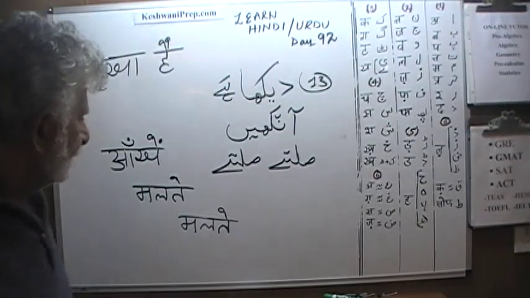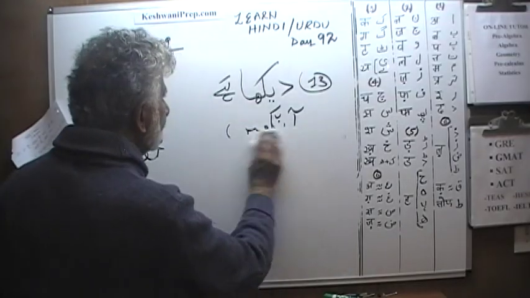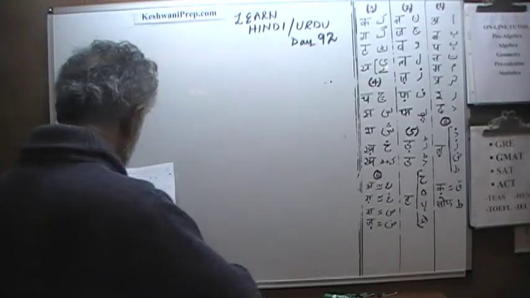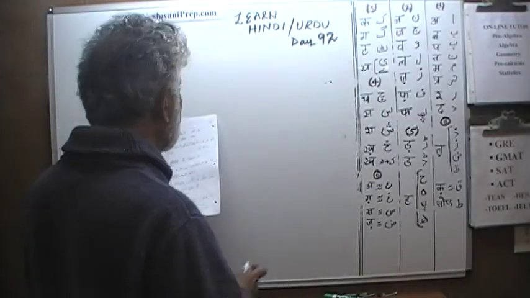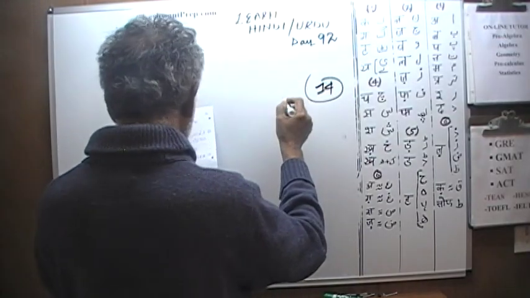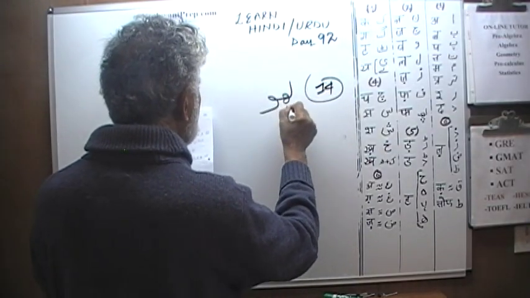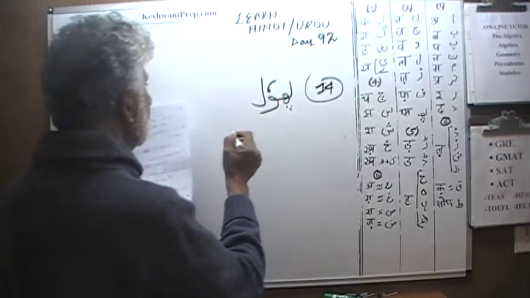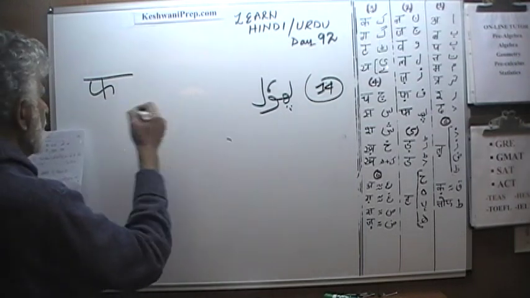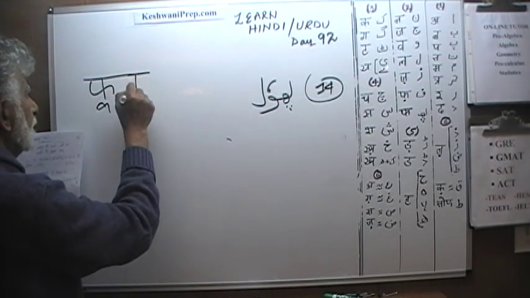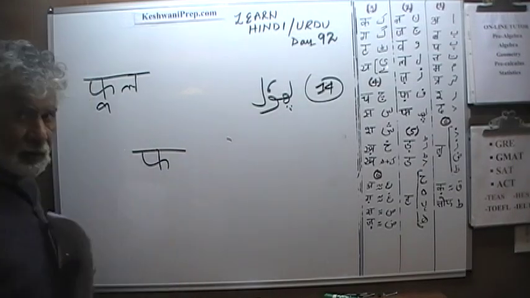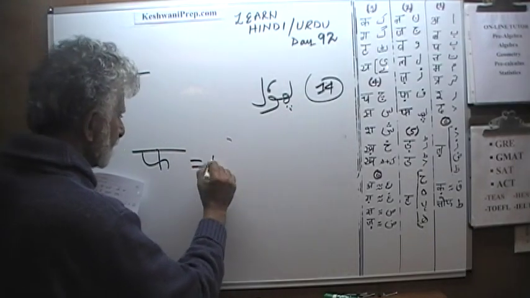Let's do the last line. Phooli phool. Phool, pho, phoo, lo, phool. बड़ी ऊ की मात्रा. Phool. As you can see, there is no dot underneath the f here, because phool is spelled with PH.